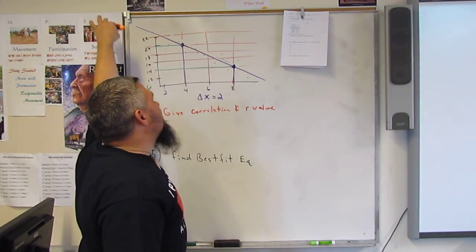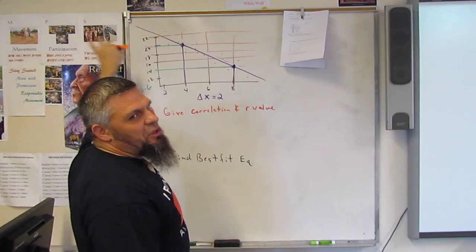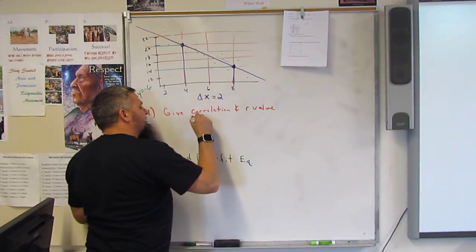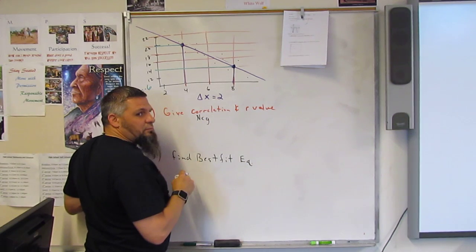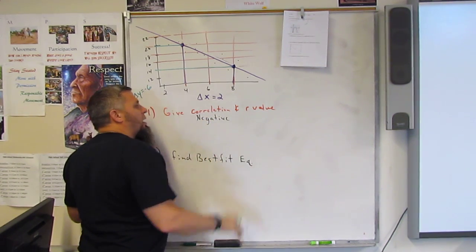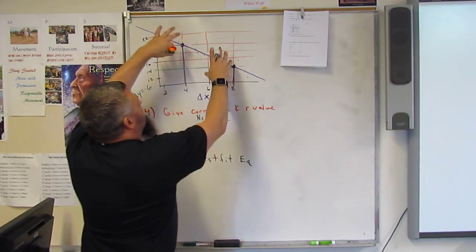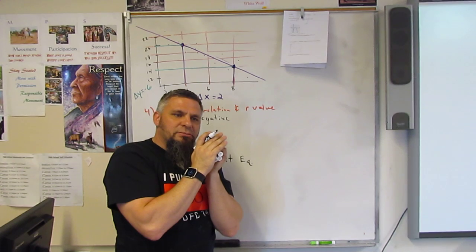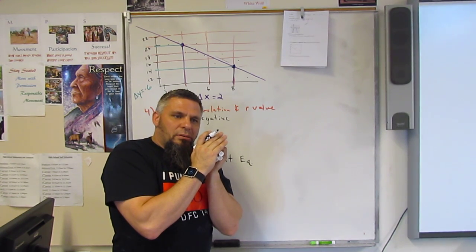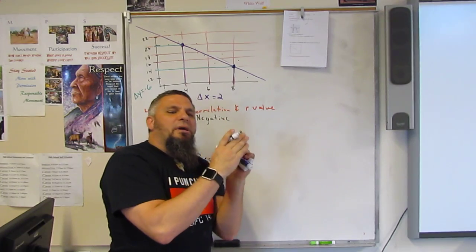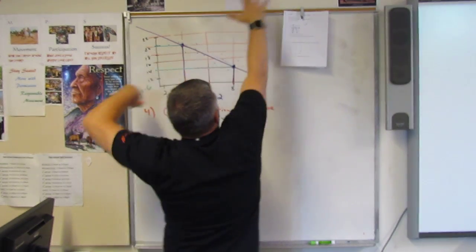Here, what I want to know is, is this a negative or a positive slope? Negative. So the correlation is negative. For the R value, how close is this? Is it really tight to the line? It's not on the line, right? They're a little bit spread out. But it's not like buckshot where it's all over the place.